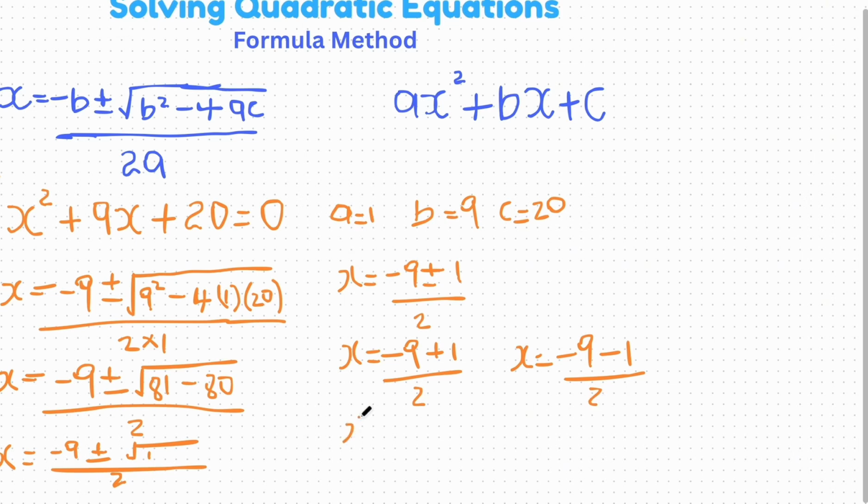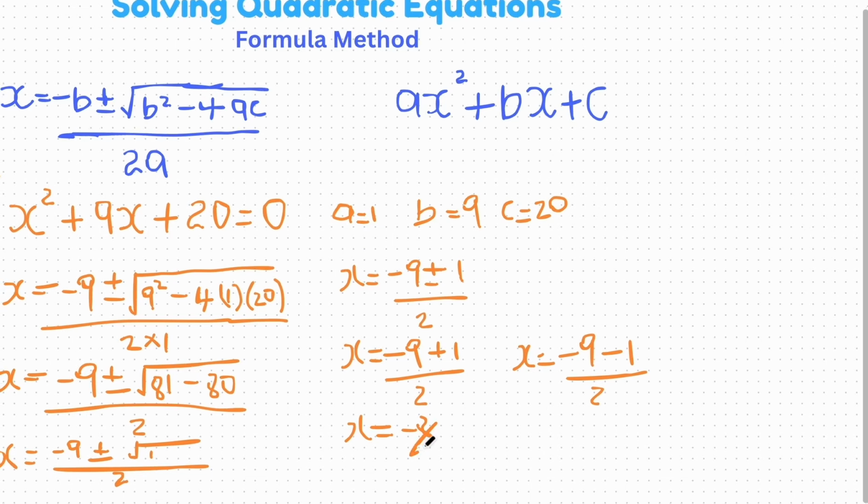x is equal to negative 9 plus 1, that is negative 8, divided by 2. And when we divide negative 8 divided by 2, we get what? Negative 4. x is equal to negative 9 minus 1, which should equal negative 10, divided by 2.